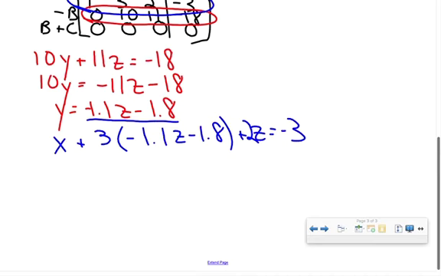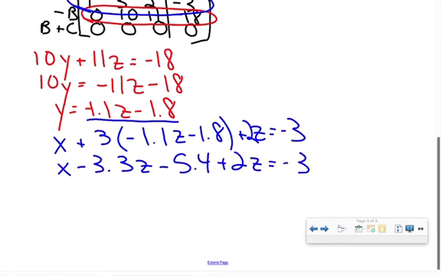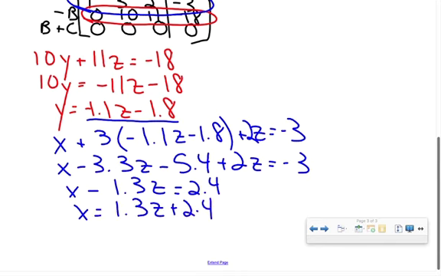I've got x minus 3.3z minus 5.4 plus 2z equals negative 3. I'm going to combine my z's and get x minus 1.3z. I will also add the 5.4 to the other side of the equation, so that'll be 2.4. And that means x is 1.3z plus 2.4.